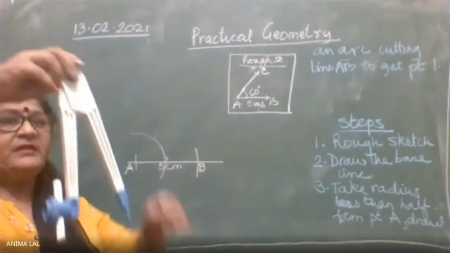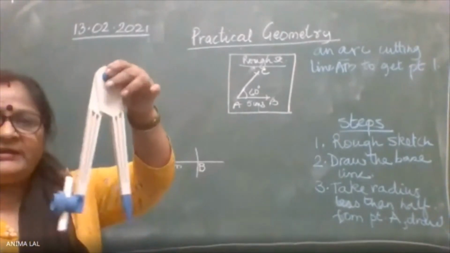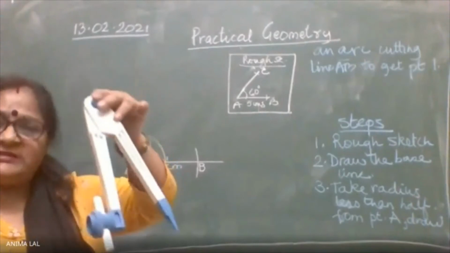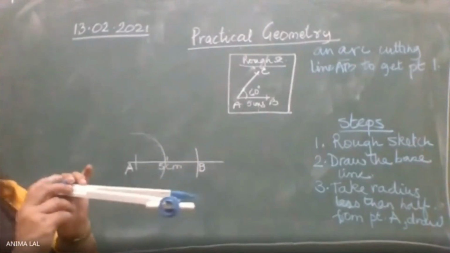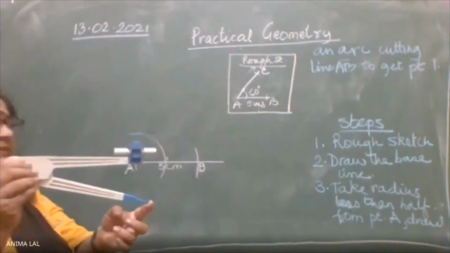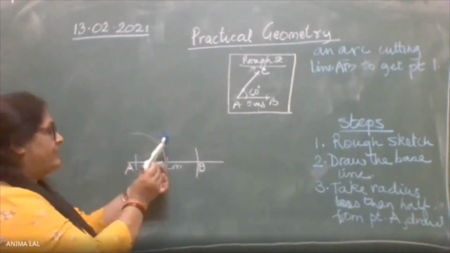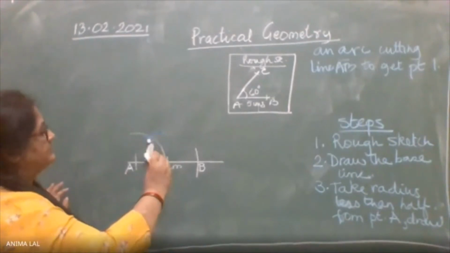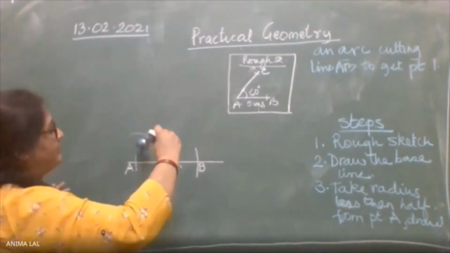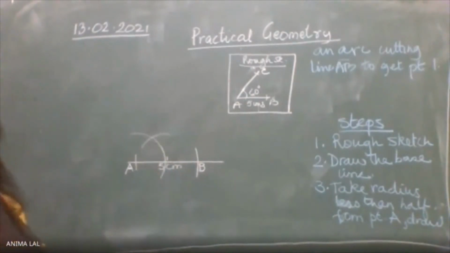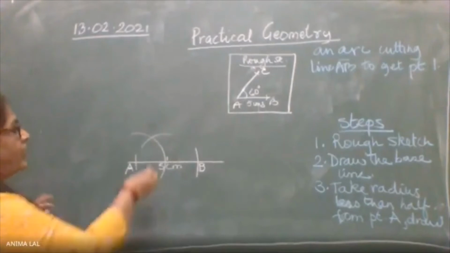Now don't change the radius. The compass, what you have opened it, it should remain as it is. Okay. Now put the compass point at 1. We usually say center as 1. With the compass point at 1, cross the arc that you have drawn.